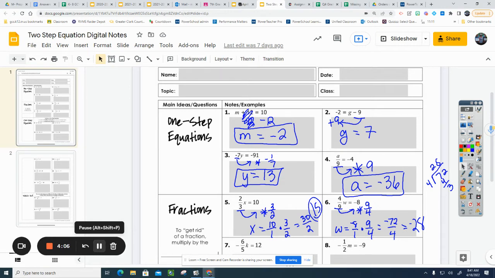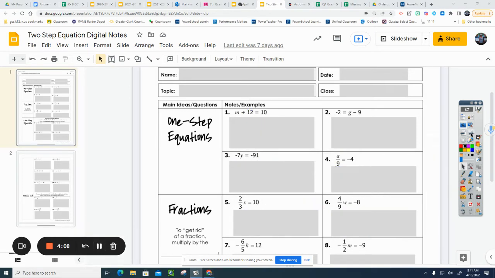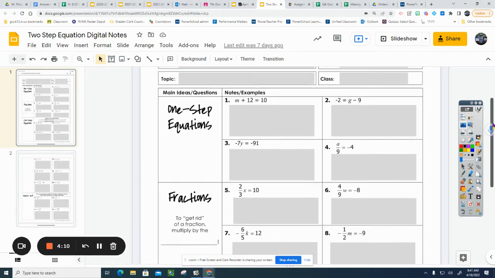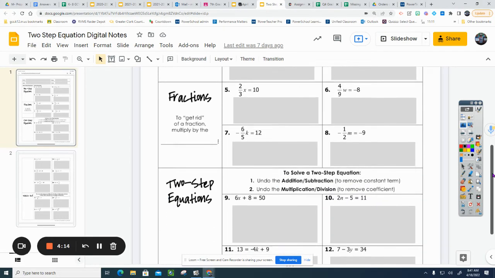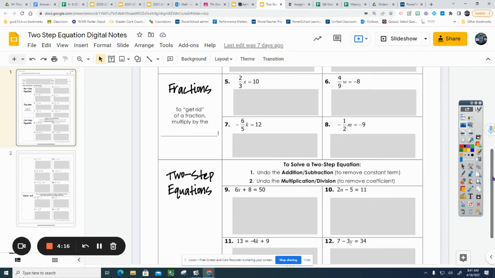All right, let's see. Scroll down just a little bit. So to move this one, what are we going to do? Multiply by the reciprocal. So what is the reciprocal, Layla? Devin, what is the reciprocal of negative 6/5?